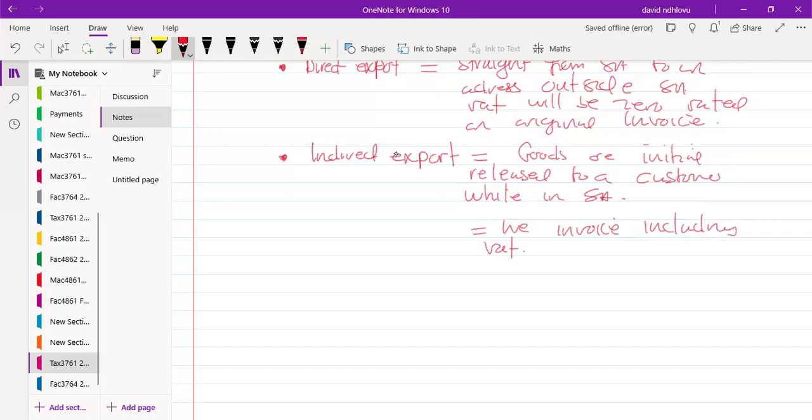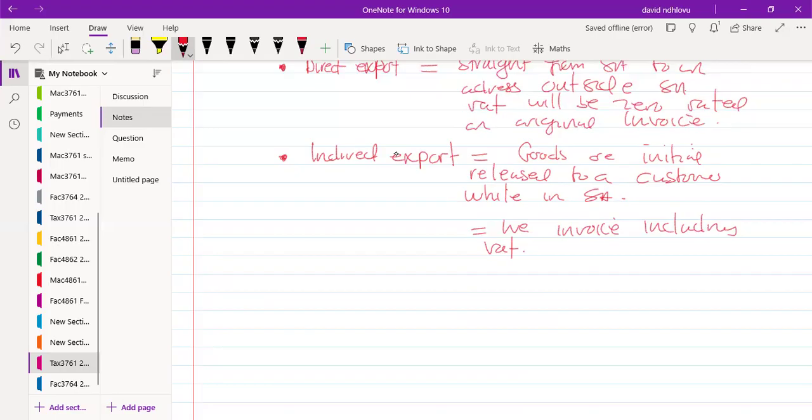Remember, if the goods are to be used in South Africa, VAT of 15% should be charged. But if the person is taking the goods outside South Africa, there is no VAT. But at the point of giving the goods to the person who came to pick them up in South Africa, we don't know if the person is going to turn around and use the goods here and not export them. So to protect the tax system, we charge VAT.